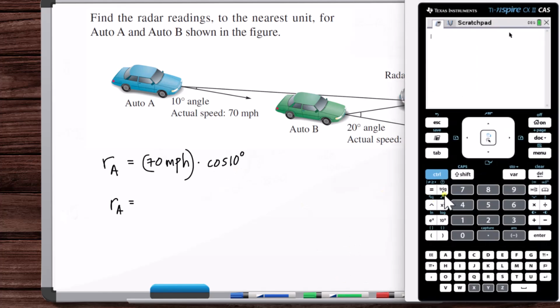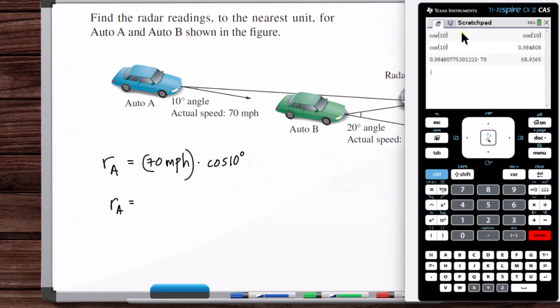So we come to the calculator. Cosine, make sure we're in degree mode. It gives an exact answer, but it can't simplify it anymore, so it's just cosine of 10. That's the exact answer. So we need an approximation, so we press control, and you see this approximate symbol. Now we'll use all of the digits and multiply that times 70.